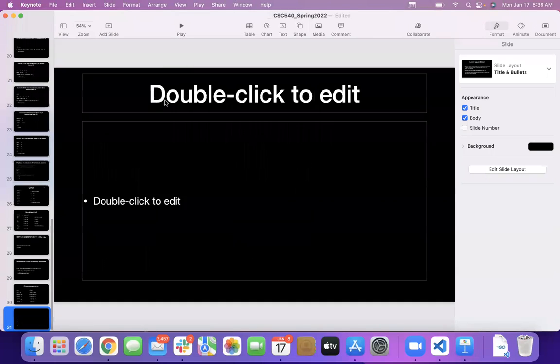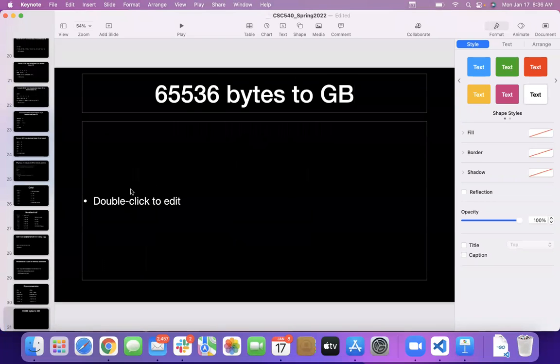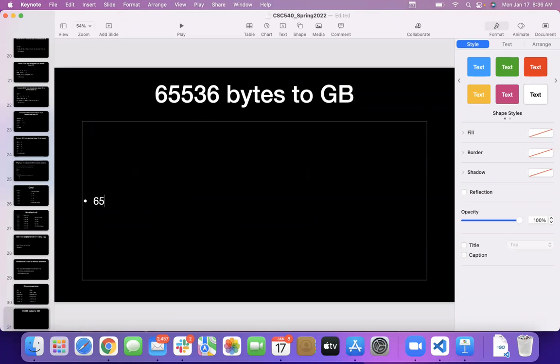So if I say 65,536 bytes to gigabytes, what is that going to be? Well, it's 65,536 divided by 1024 will get us kilobytes, divided by 1024 will get us megabytes, divided by 1024 will get us gigabytes.